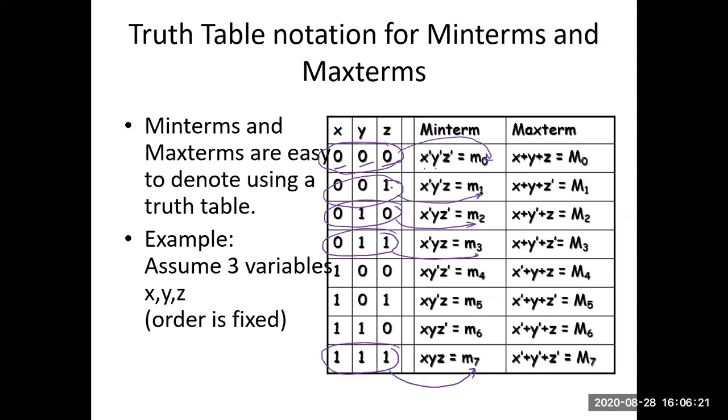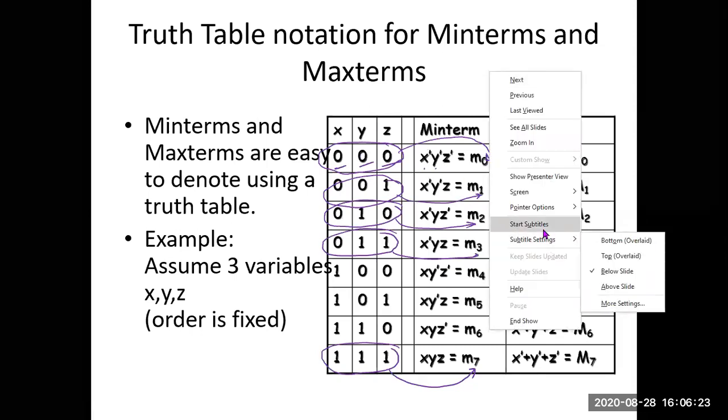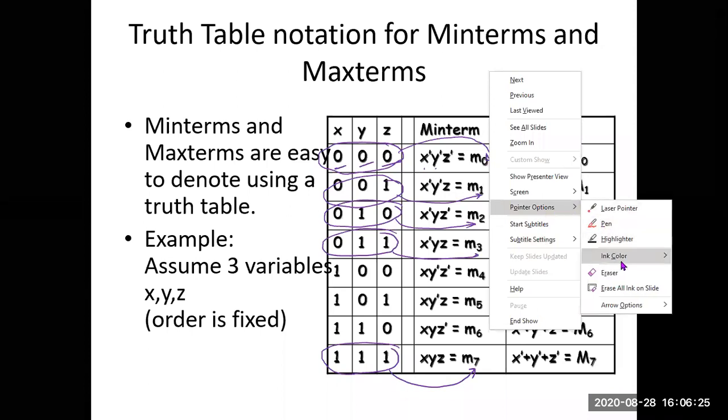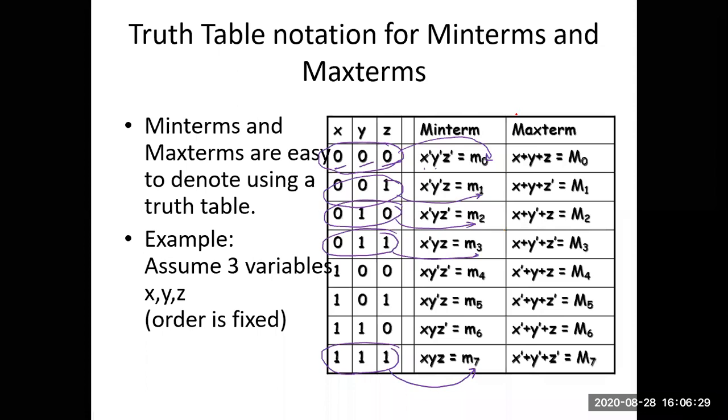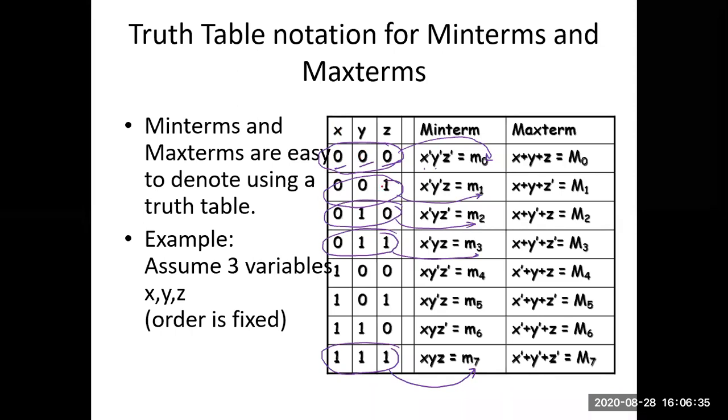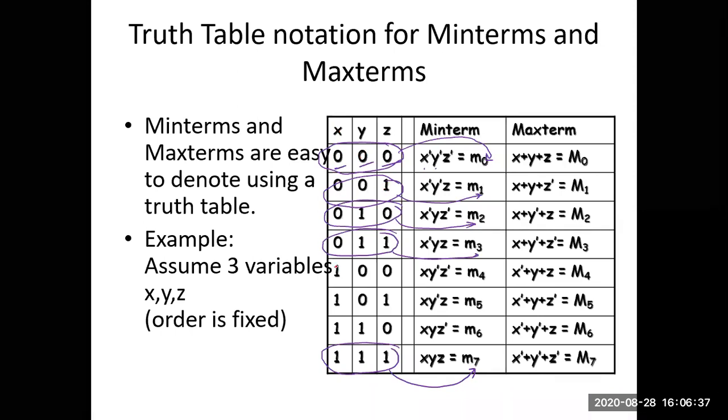If you are dealing with maxterms, you need to apply the concept that if it is 0, you write x, and if it is 1, you write x bar. So in the first case, 0 0 0 means x plus y plus z.